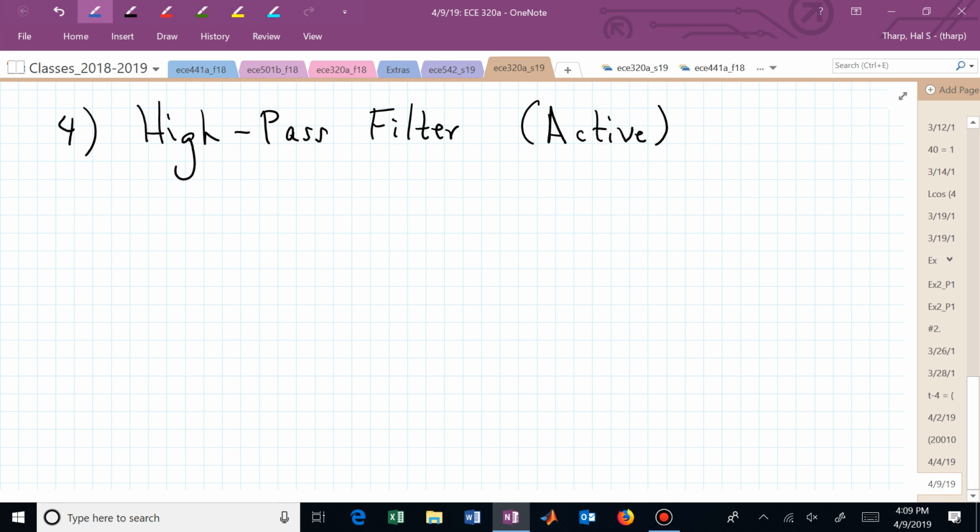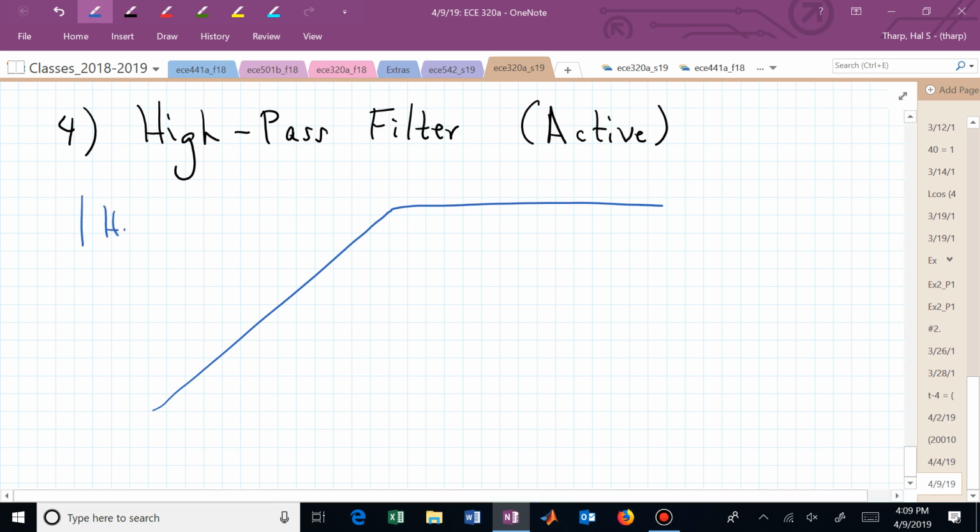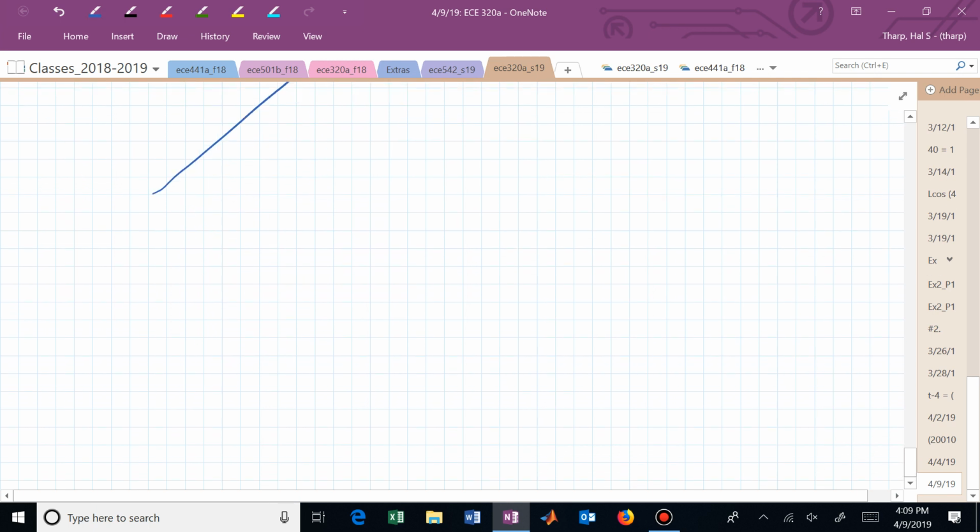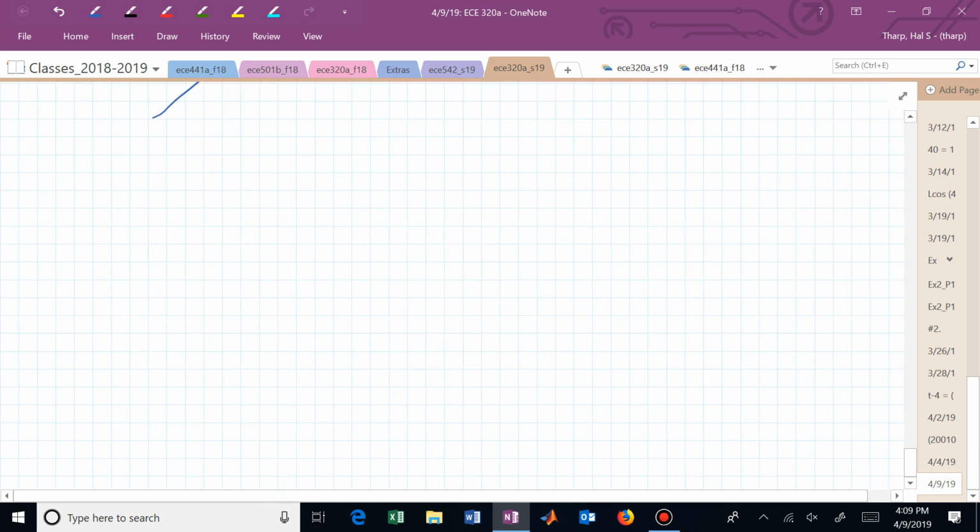If this is a high-pass filter, aren't you expecting something like that? This would be a high-pass shape for the frequency response. This would be H sub 4 in dB. Let's see if we can build one out of some op-amp circuits.